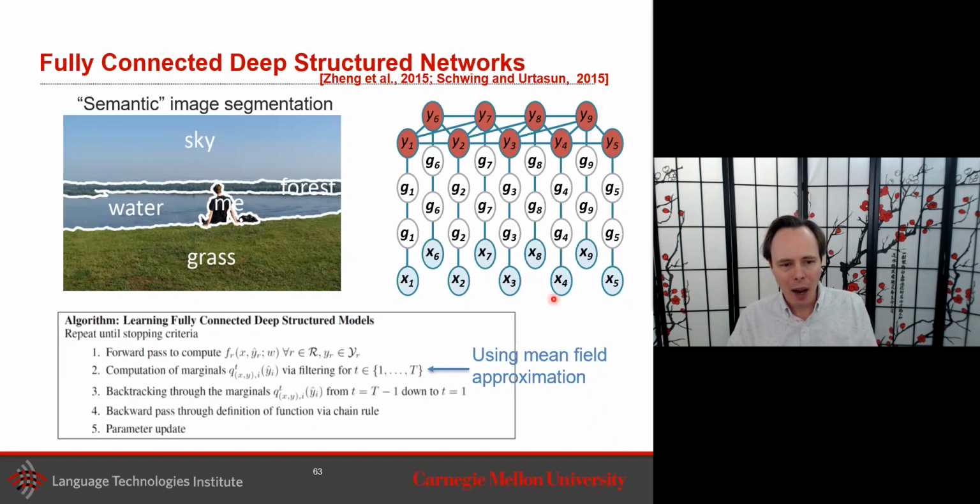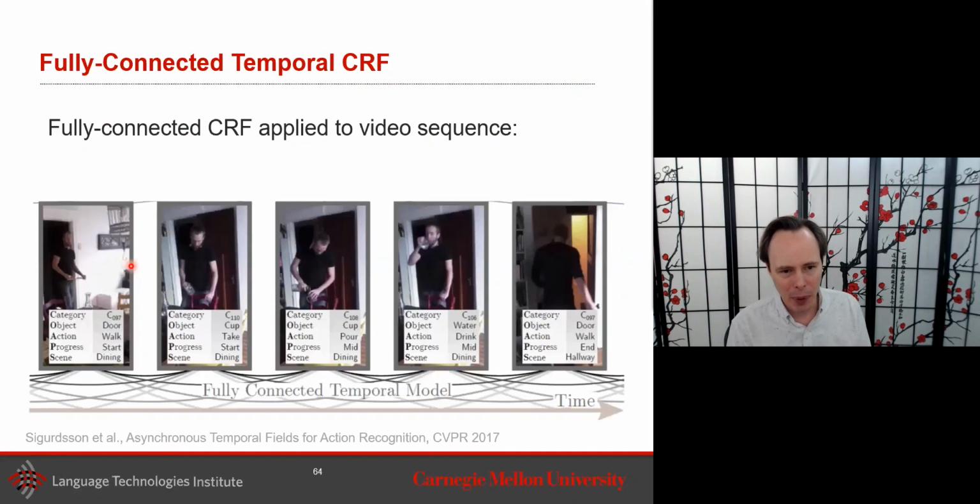So it's not exact, but by doing this approximation, I can get all of my predictions in one shot.